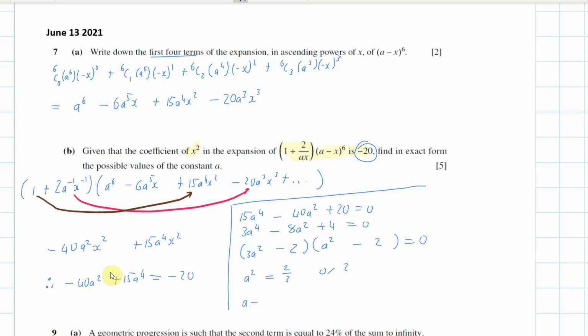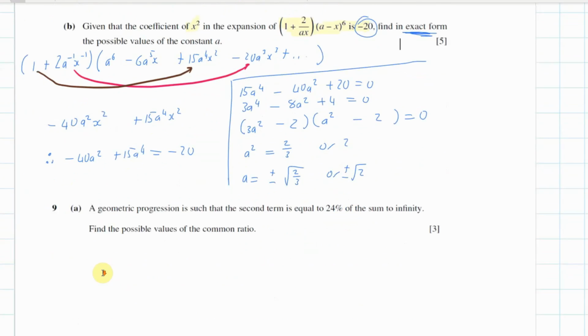So a equals plus or minus the square root of 2/3 or plus or minus the square root of 2. They wanted it in exact form, so I'll leave it like that. And I think those are the possible values. Lovely.